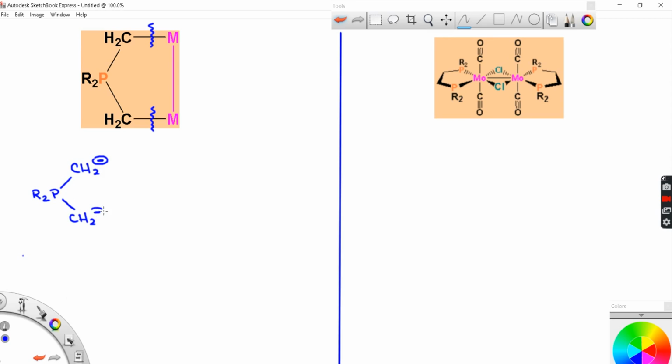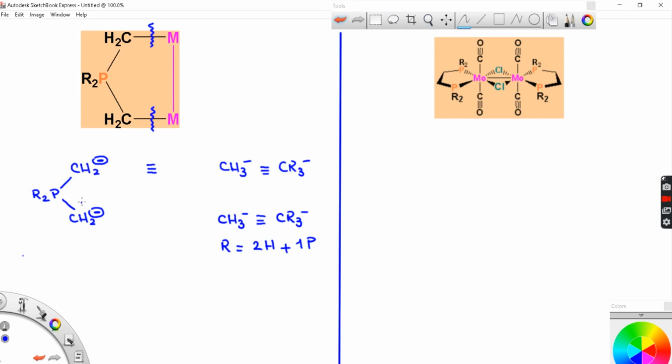By the same way, CH2 is CH2 minus. So this is equivalent to CH3 minus. 2 bonds with carbon and 1 bond with P, so it behaves as CH3 minus, or simply CR3 minus, where we have R equal 2 hydrogens plus 1 phosphorus.